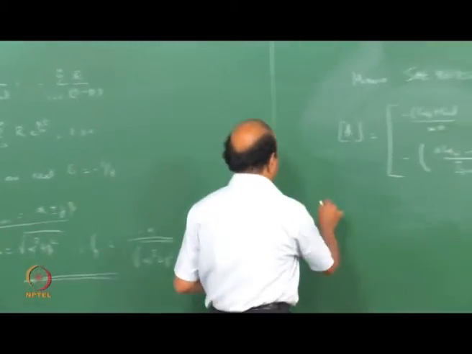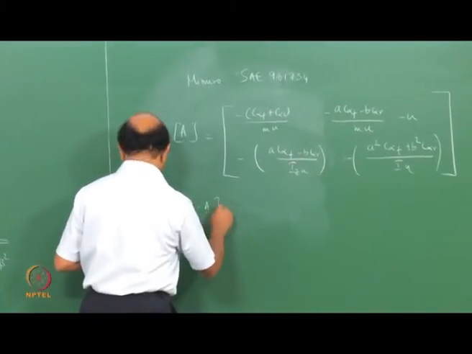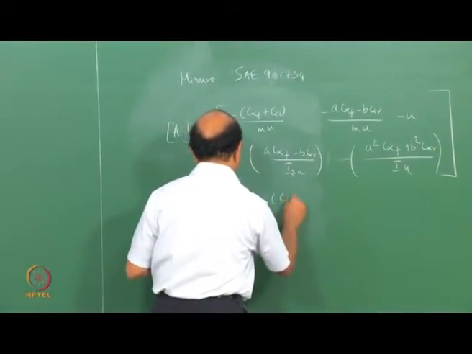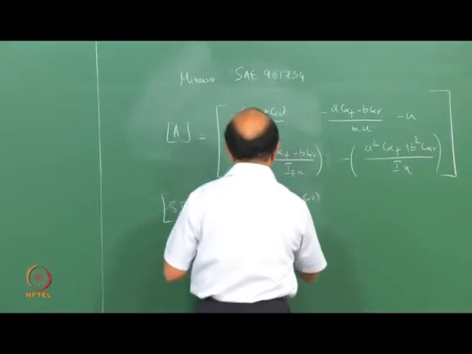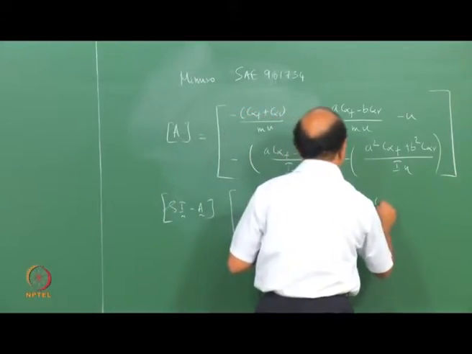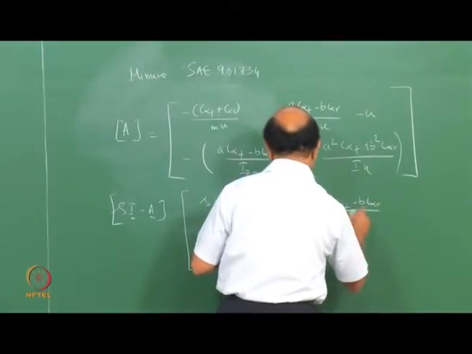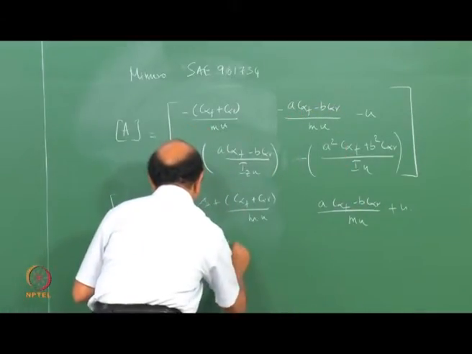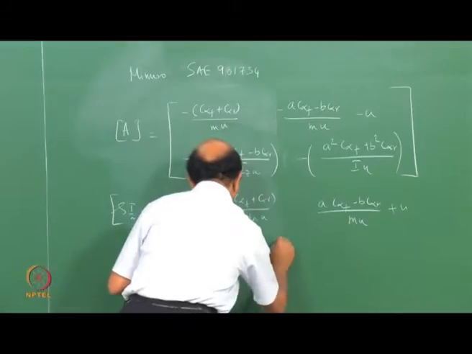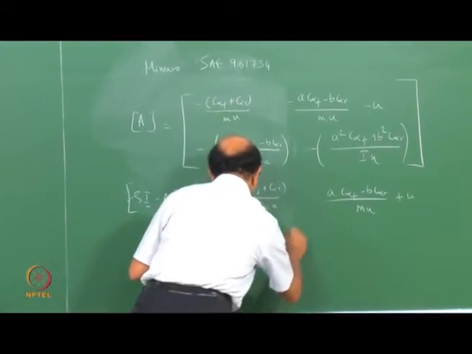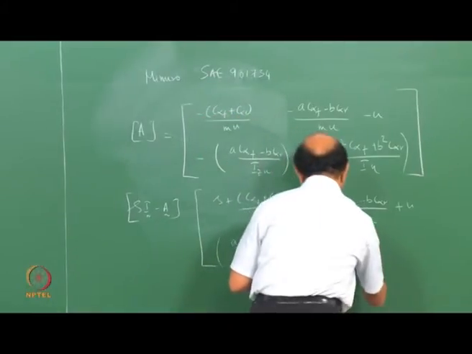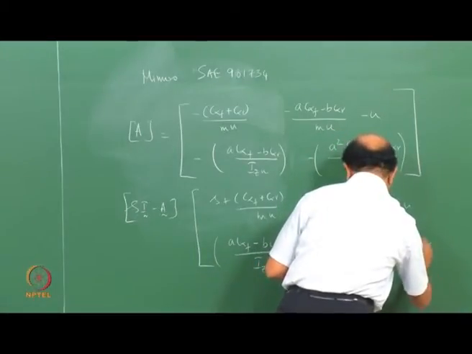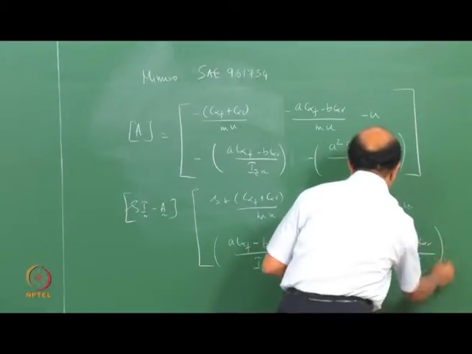Right. So the next step is, yes, sI minus A. Put that here: s plus (C alpha f plus C alpha r) divided by mu, (a C alpha f minus b C alpha r) divided by mu plus u, (a C alpha f minus b C alpha r) divided by Iz u, s plus (a squared C alpha f plus b squared C alpha r) divided by Iz u.